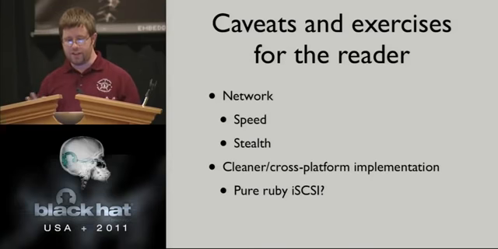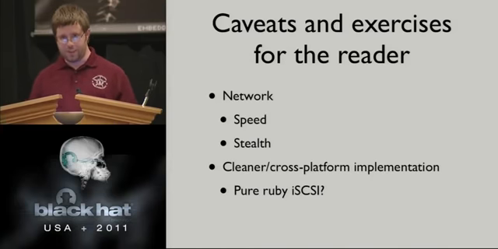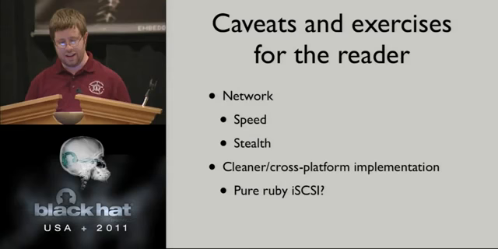So, the caveats and exercises for the reader. For the network side of things, we're doing this over crazy network connections and weird APIs, like Railgun and all that. So speed is an issue. Obviously, reading somebody's hard drive over the internet is not going to be as fast as reading it over a SATA cable directly.